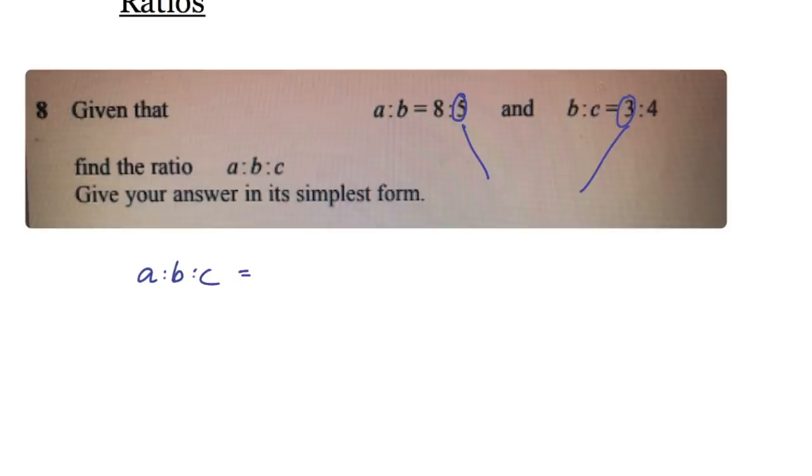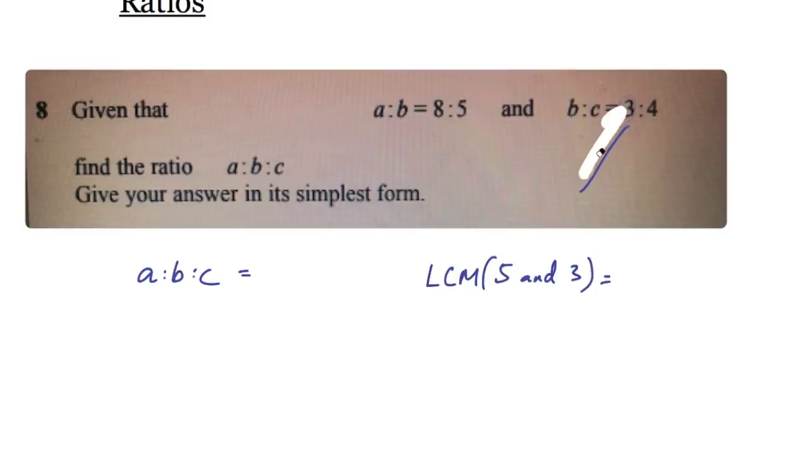So what you could look for is the lowest common multiple of 5 and 3. And in this case, it's just the same as multiplying 5 by 3. And that's another way to do it. You could just multiply 5 by the other number, which is 3, so they're the same.